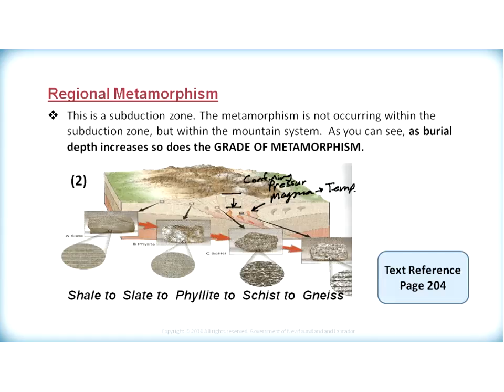This confining pressure will cause the conditions that are necessary for metamorphism to occur. So the deeper we go within a mountain, from the surface down to the deep interior of the mountain, we see the rock changing.